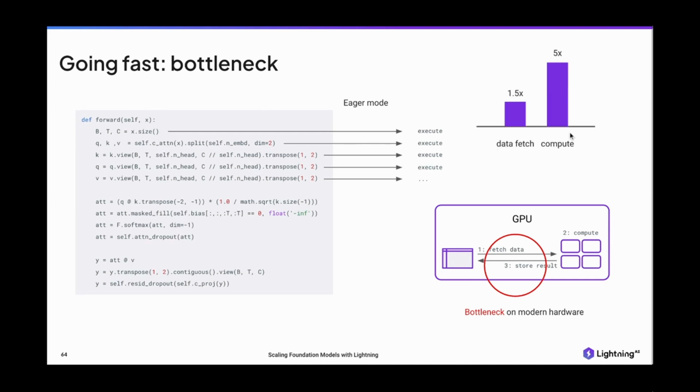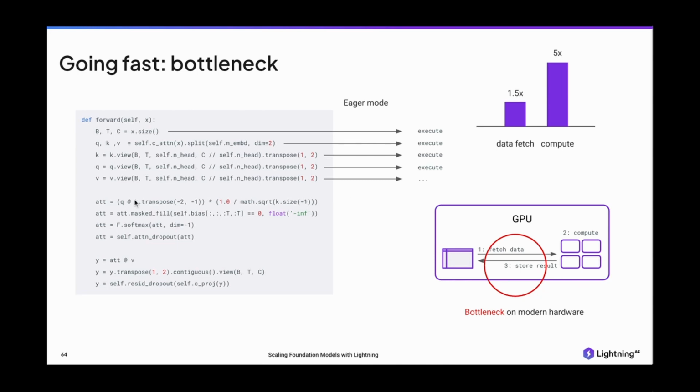But lately, compute has gotten a lot faster, and the data fetch has become faster, but not by the same amount. And so, the more time you spend in compute, the better it is, and the less time you spend going back and forth between compute and memory, the better it is.